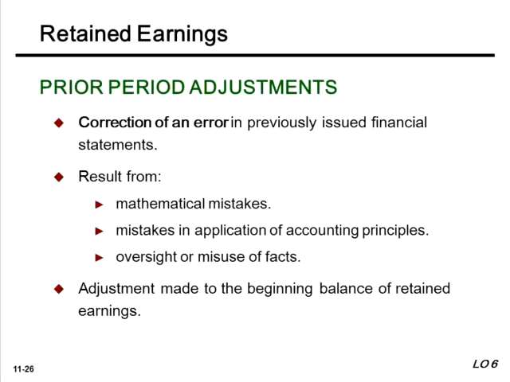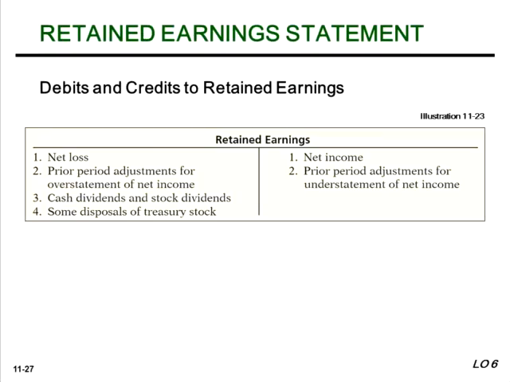The next slide is going to be a T account, which shows you individual items that affect retained earnings. Retained earnings has a normal balance of a credit. So in order to increase retained earnings, we will credit the account. Then anything that decreases retained earnings will be considered a debit.